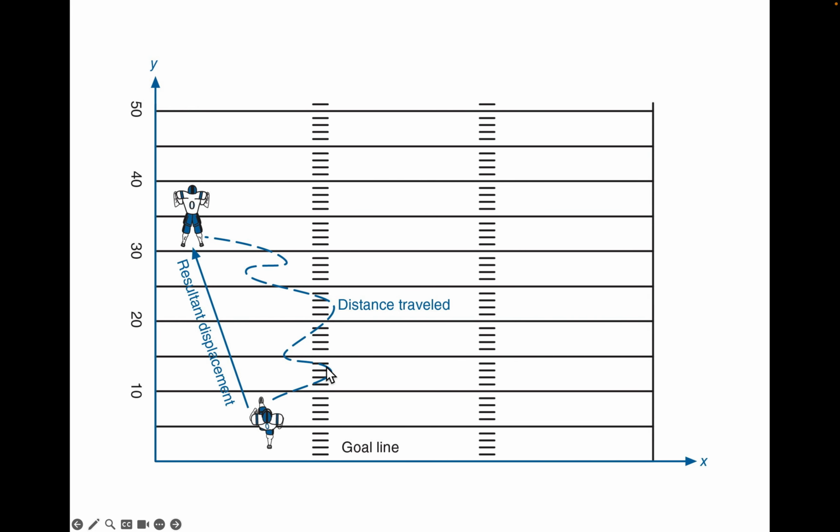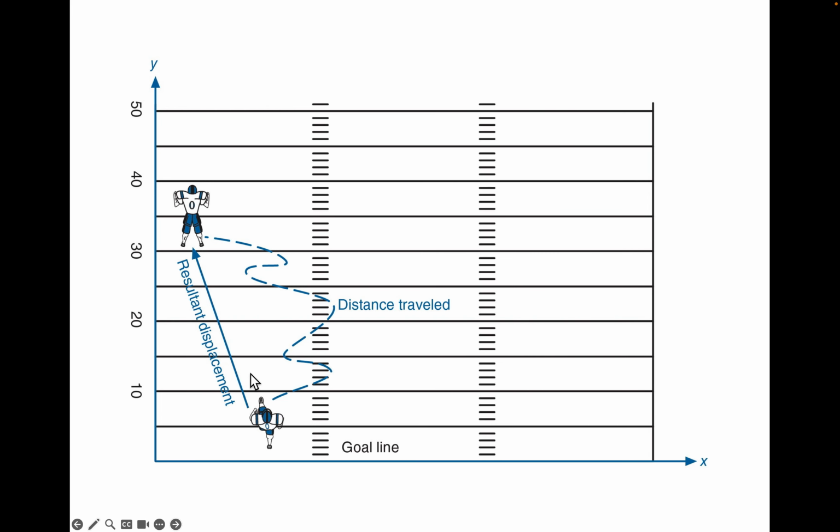So this entire path that the person traveled would be considered your distance. However far this is, that is distance. Versus displacement is a straight line vector going from the point where they started to where they finished. We could also refer to this as the resultant displacement or the resultant vector.